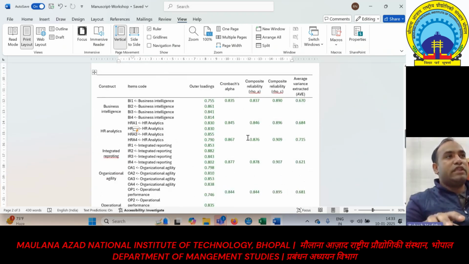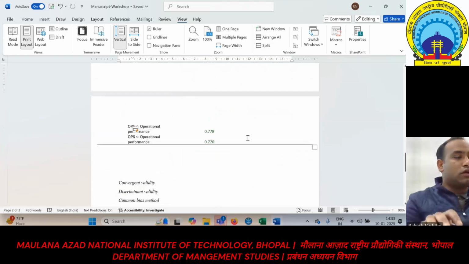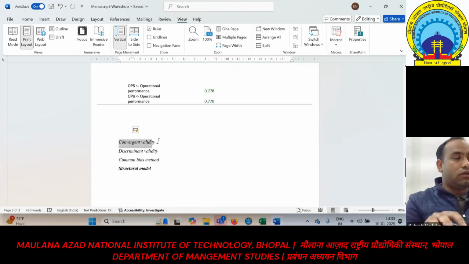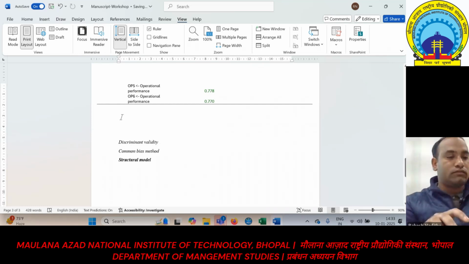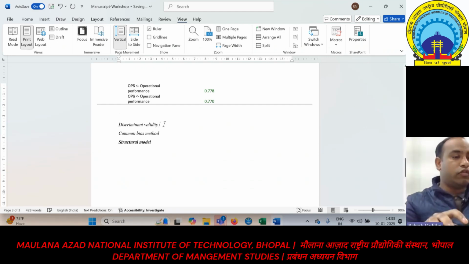This table completes part 1. Now we have to test discriminant validity.